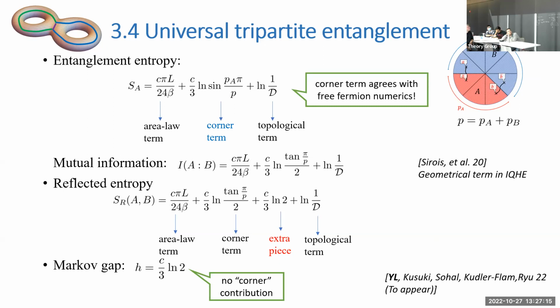But then say beta is kind of like the width and L is kind of like the circumference. So they kind of combine to give one parameter.